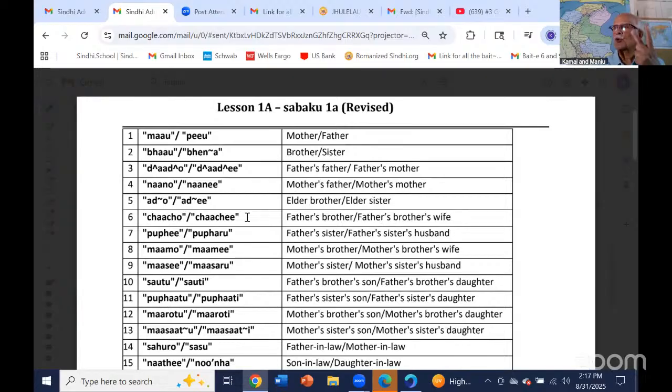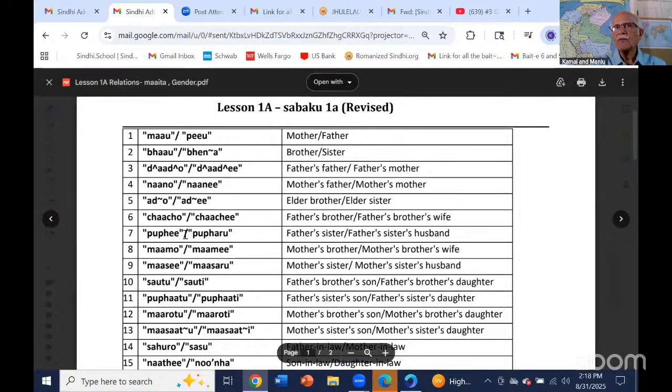But if you have two father's brothers, you'll say, Mukhe ba chacha ahin. Chacha, plural. Chachi, chachu. But if one is married and one is not, then you'll say, Hikro chacho, hikri chachi, and bio chacho. Now, father's sister.